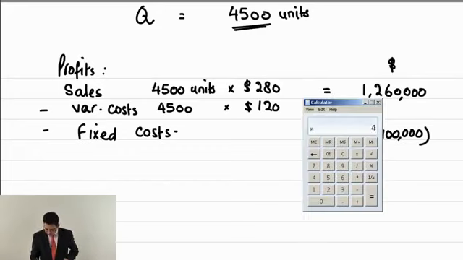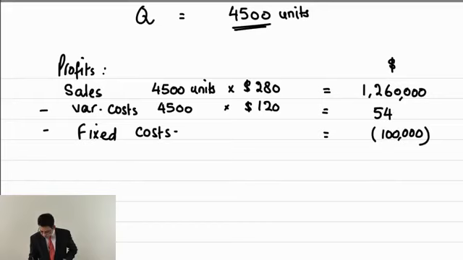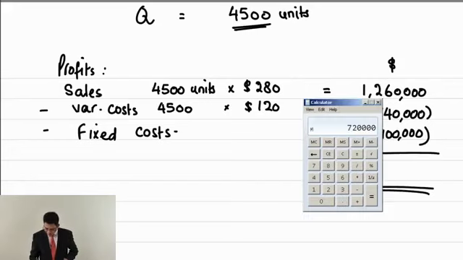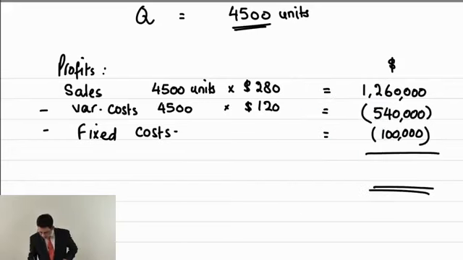Variable cost is 4,500 into 120, which is 540,000. And minus fixed cost, we end up with $620,000 profit.